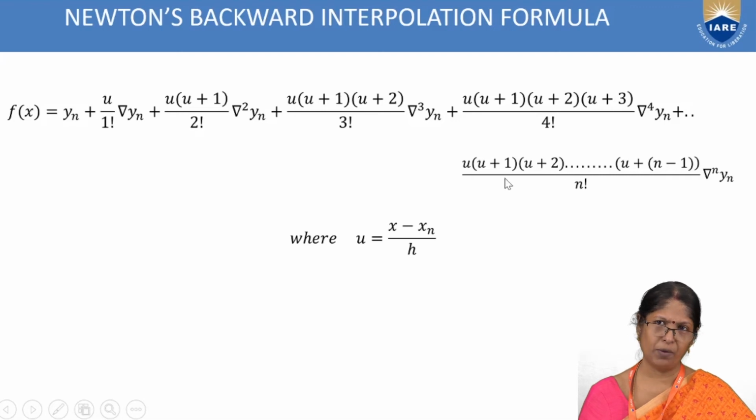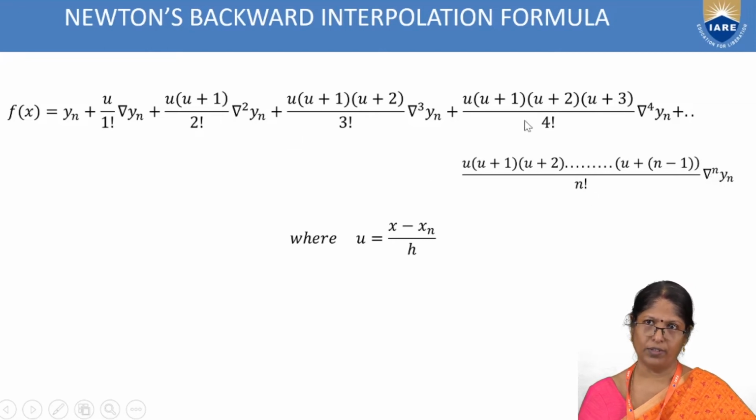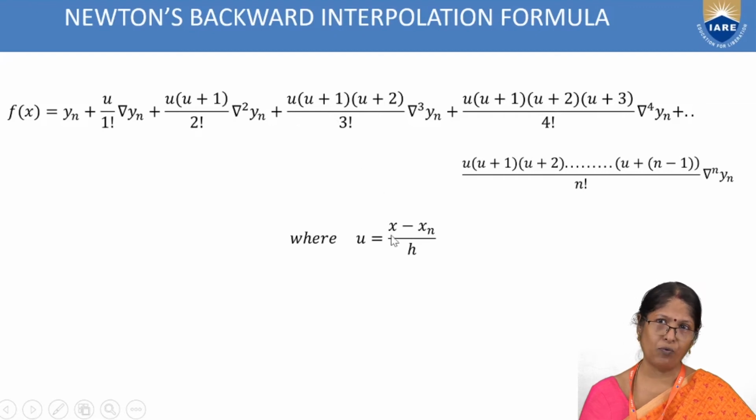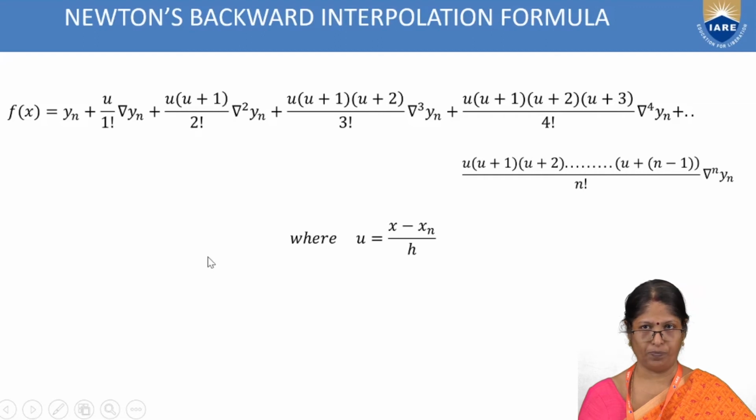The last term is u into u plus 1 into u plus 2 and so on up to u plus n minus 1, by n factorial, del power n yn. So this is Newton's backward interpolation formula, where u is the value (x minus xn) by h.